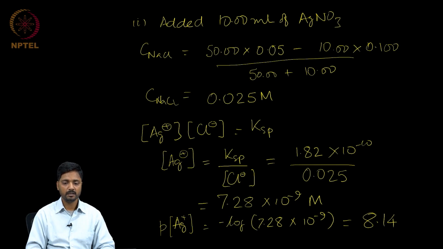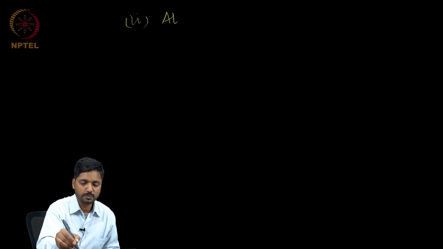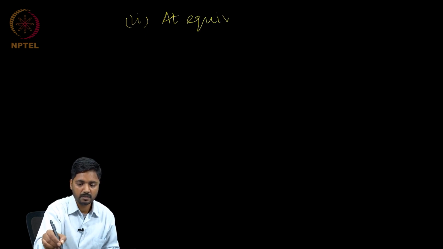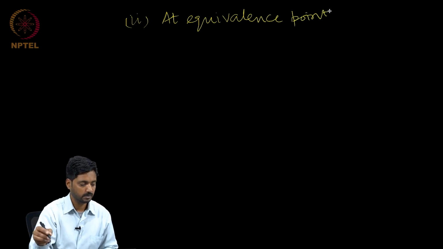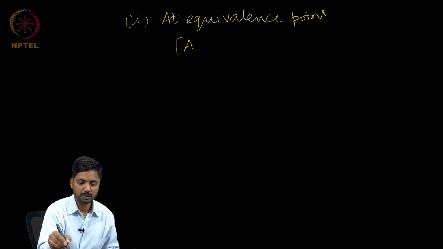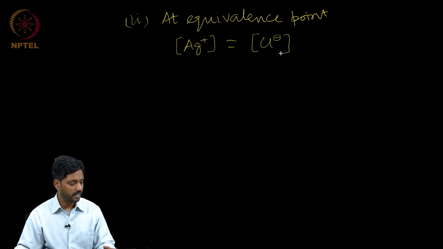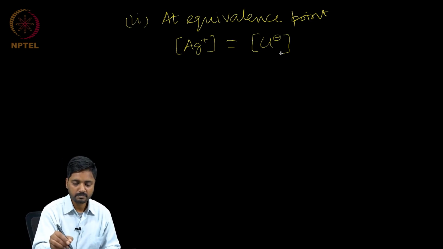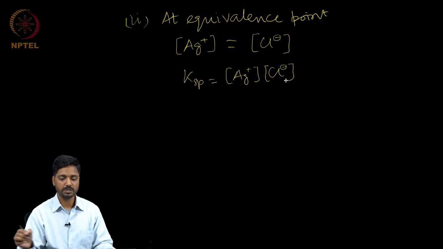Now, at the equivalence point, we will have the total amount of silver ions that have been added equal to the total amount of chloride ions present in the medium, and we know that the KSP is nothing but Ag plus ion concentration into chloride ion concentration.